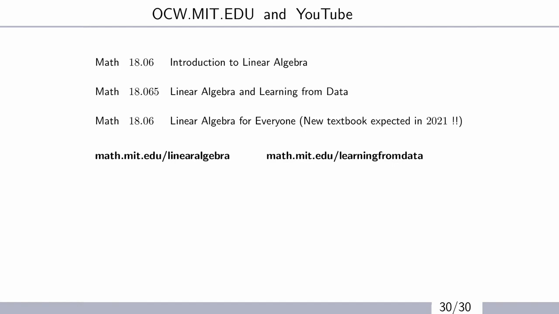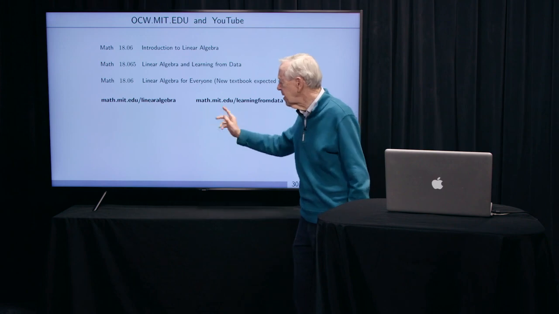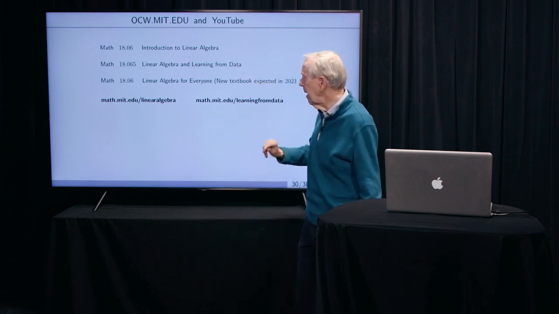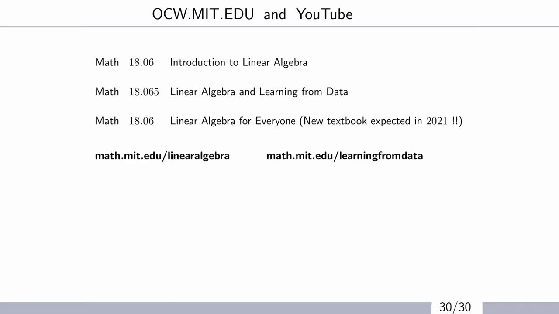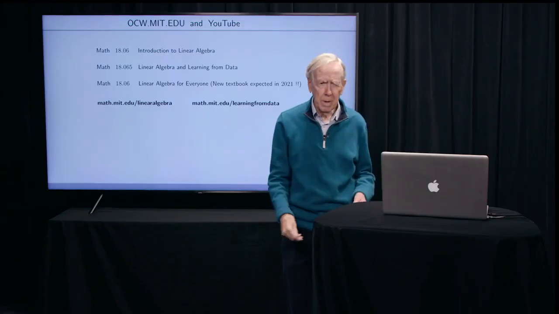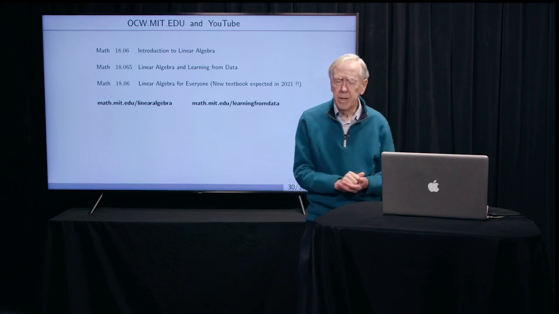I have optimistically put 2021, and you're the first people to know about it. So these are the websites for the two that we have. That's the website for the linear algebra book, math.mit.edu, and this is the website for the Learning from Data book. So you see there the table of contents and solutions to problems, lots of things.